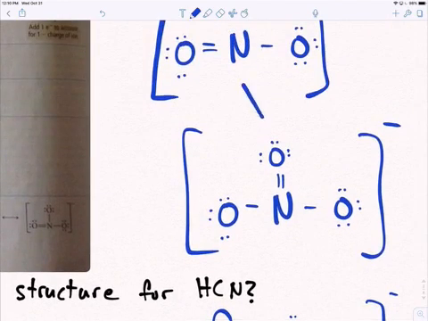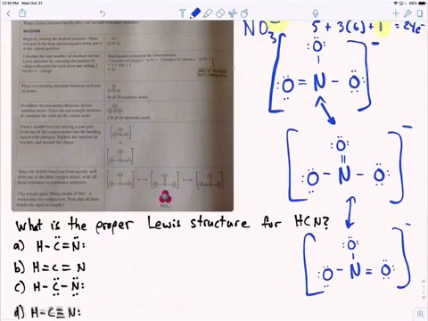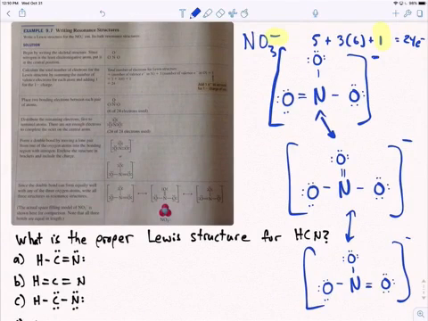And then you have these double lines here like this saying that, so here are the different resonance structures.